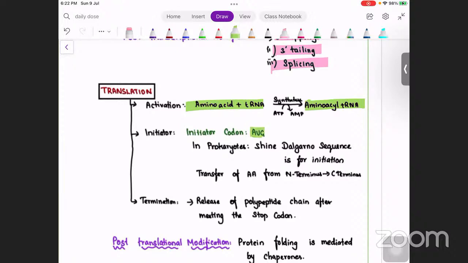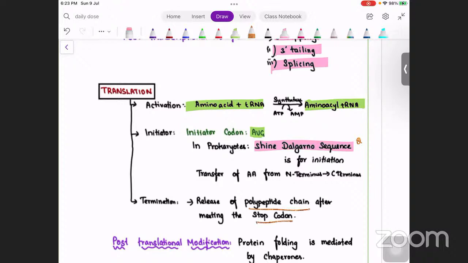For prokaryotes, the initiation of translation is done by the Shine-Dalgarno sequence. Very, very important MCQ. And the transfer of amino acid from N terminus to C terminus will happen in elongation. Then you have termination, where you see the release of the polypeptide chain after meeting the stop codon.